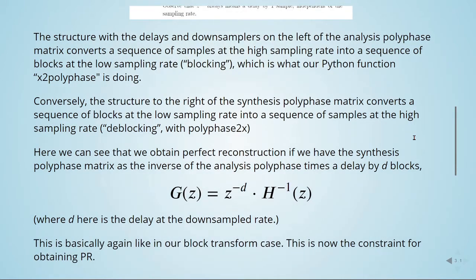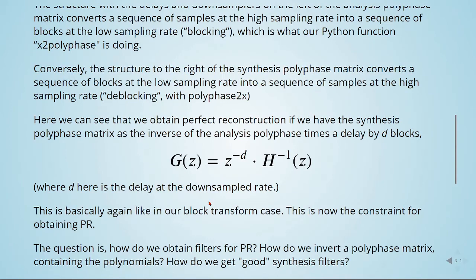And here we can see that we will obtain perfect reconstruction if we have the synthesis polyphase matrix as the inverse of the analysis polyphase times a delay by d blocks. So here we have the inverse of the analysis polyphase, and we have a delay of d blocks, where d here is the delay at the downsampled rate.